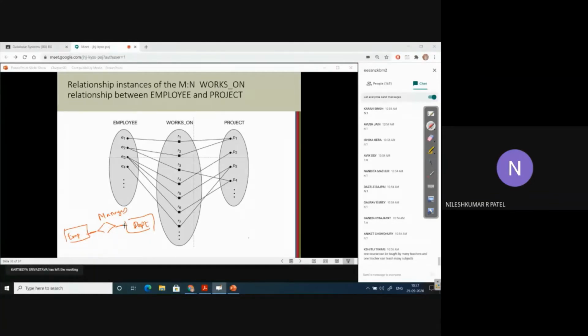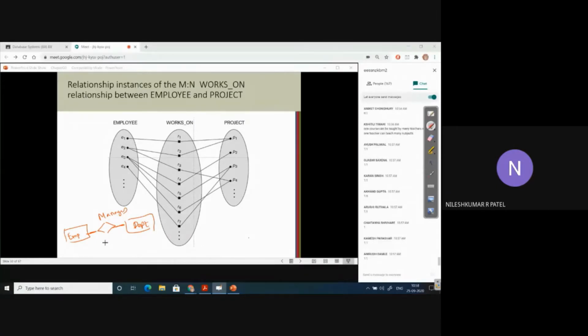According to our requirement analysis, you have to think of it. Some of you gave the answer, most of you actually, 1:1. Akhand has the answer 1:N. According to the requirement analysis, how many managers will exist for a particular department at a particular point of time?